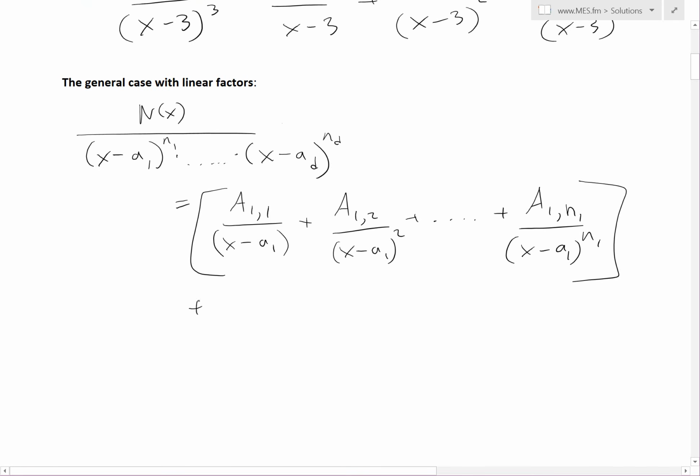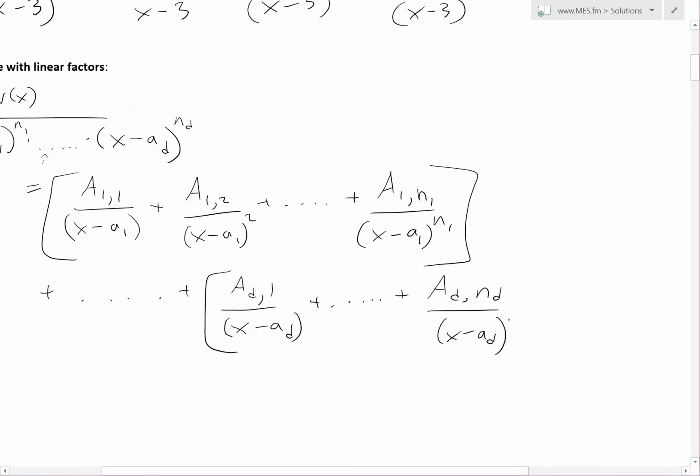And then we keep doing it for every single one in between until the last one, which we'll call ad. So the first coefficient of that over x minus ad, plus, we keep going on and on until we get ad all the way to the nd coefficient, over x minus ad to the power of nd right there.